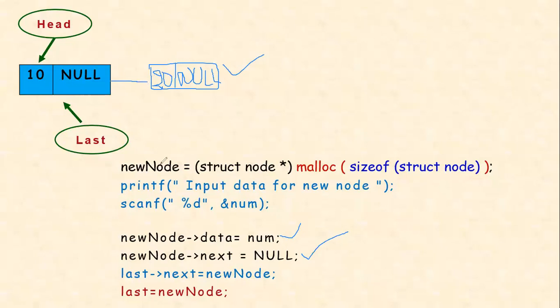How could I establish a link between these two? The previous last node is this, right? So last node next, what is last node next? I am writing last node next is equal to new node, that is the address of this node, so that this link can be established. Now this link is established.